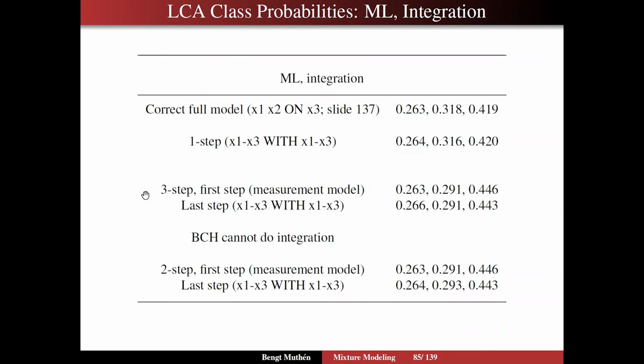So let's turn to a multi-step approach. First one is three-step, and we consider the measurement model here first. 0.263, close to that. 0.291, well, there's a bigger difference. 0.446 is also a bigger difference.